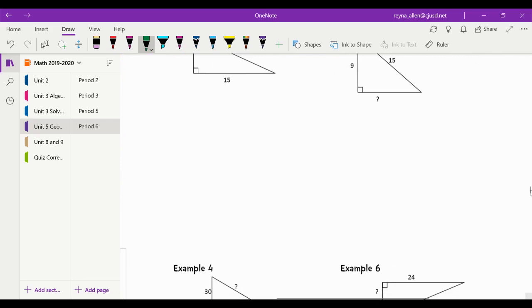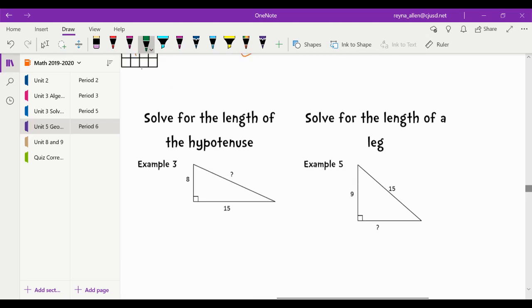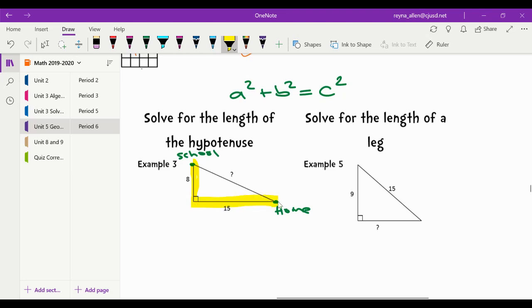So now that we know that that works, we're going to use a squared plus b squared equals c squared. We're going to use that to help us find our missing length of our triangle. So often what I tell my kids is if you are in a location where, let's say, this is the school and this is your home, is it best to walk down the street and then at the light turn and go down the other street?